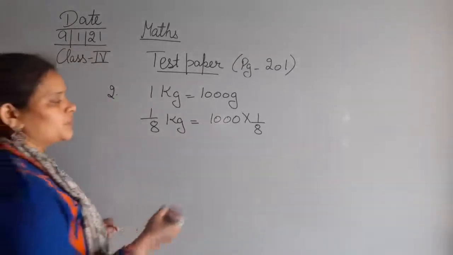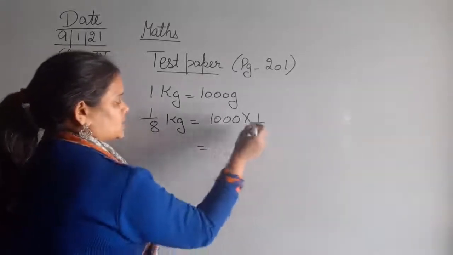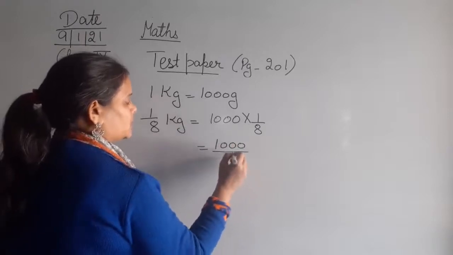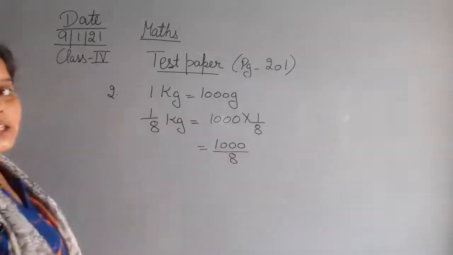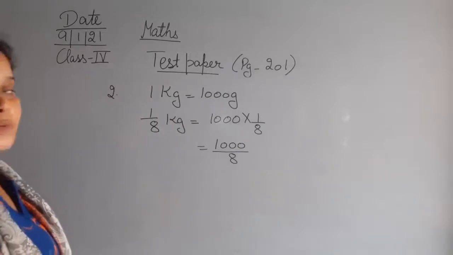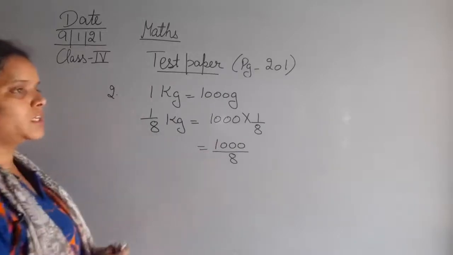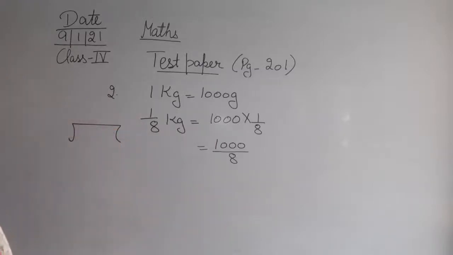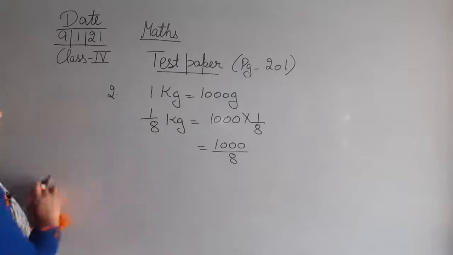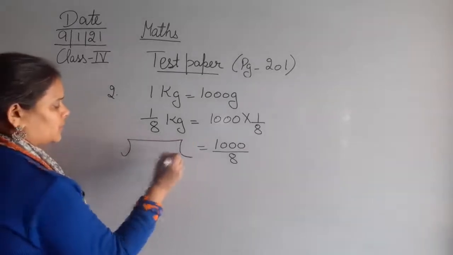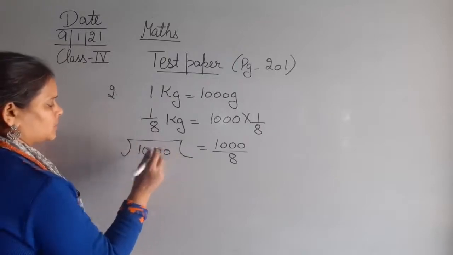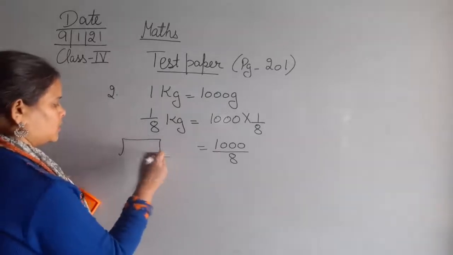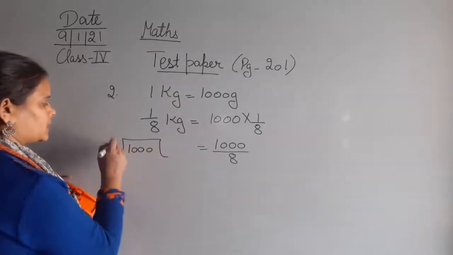Okay, so let's multiply 1000 with 1. That is 1000 divided by 8. So let's divide 1000 with 8. Okay, and you can do this calculation in the fair. आप इस कैलकुलेशन को फेयर में करेंगे. 1000 divided by 8.